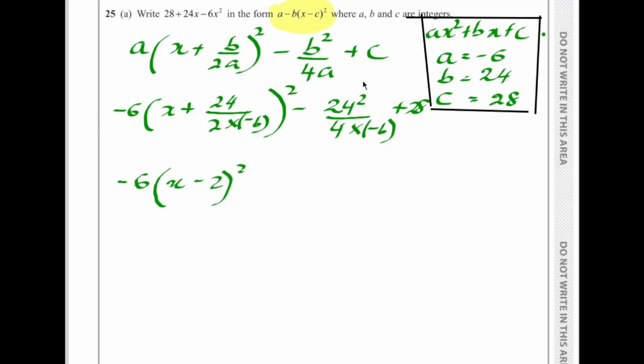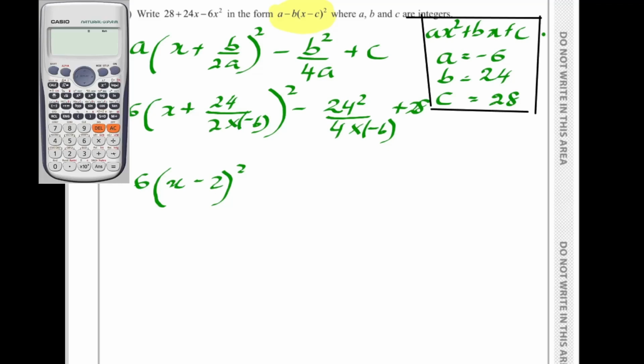Let's substitute the values into the calculator as they are. Then it is easy. It will save your time. So minus this fraction, 24 squared over 4 multiplied by minus 6, plus 28.